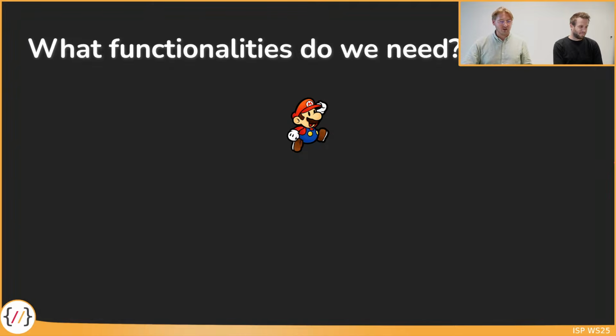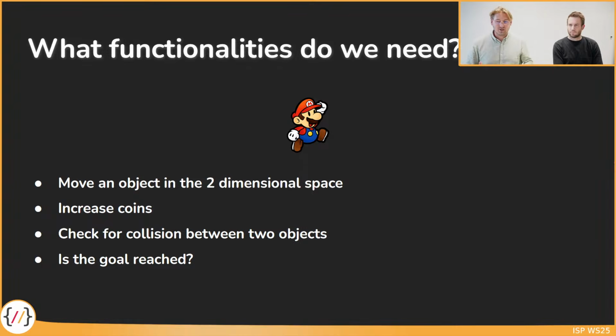Yeah, we have a lot of suggestions regarding moving around, so walking to the left, to the right, but also jumping. So that's definitely one thing. So we want to move an object. In this case, we want to move Super Mario in a two-dimensional space, left, right, up and down, but also we want to increase the coins.